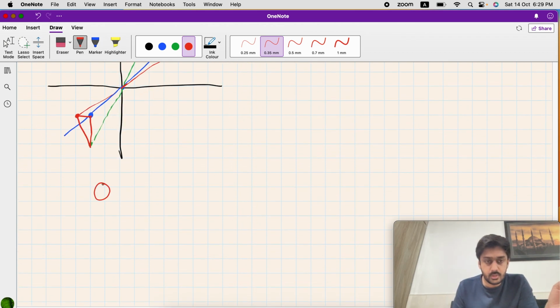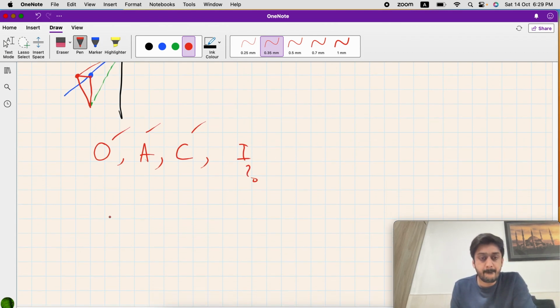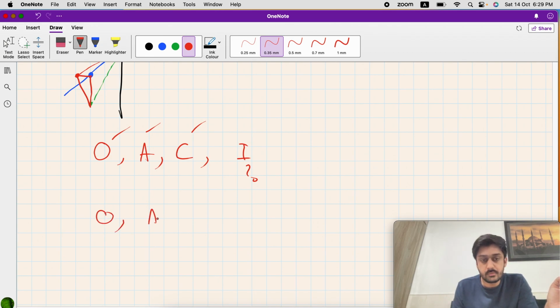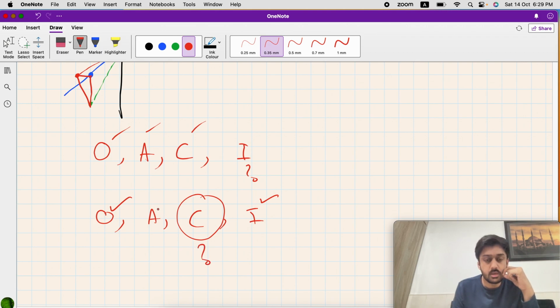Now we were given the object, we were given the angle of rotation, we were given the center, and we do the image. These 3 points were given. Now if we switch this, object is given, image is given, and you are asked to find the center of rotation and sometimes the angle as well.